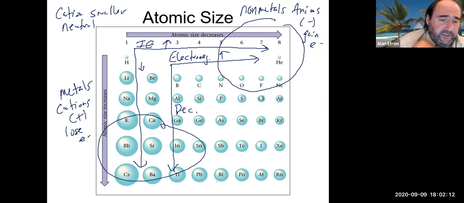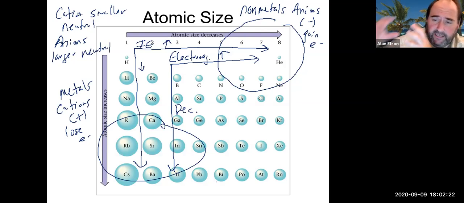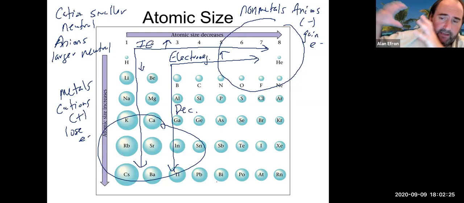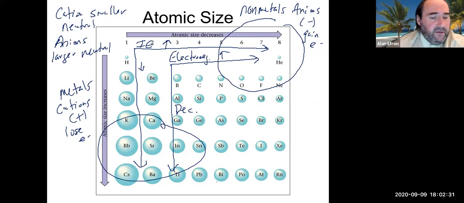The opposite is true when we talk about anions, the negatively charged ions. They will typically be larger than the neutral atom they came from. So say something like oxygen, when it gains a couple of electrons, it adds to its electron cloud. The overall size of the negatively charged ion is larger than the neutral atom. Any questions on any of those trends?